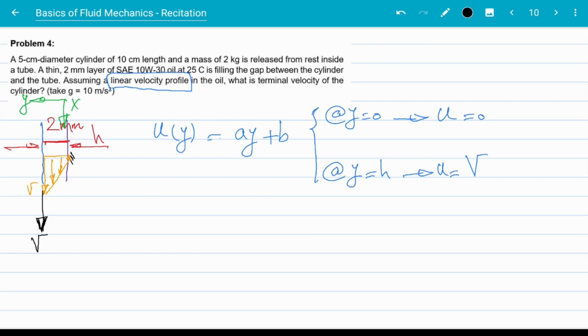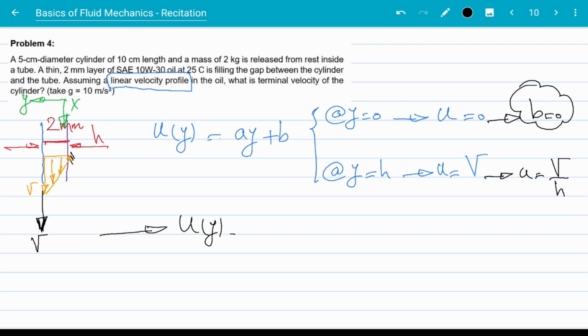So let's put these two into the equation and find A and B. From the top equation, I get B is 0. From the bottom equation, I get that A is V over H. So now I have an equation for my velocity profile: u as a function of y is V over H times y.